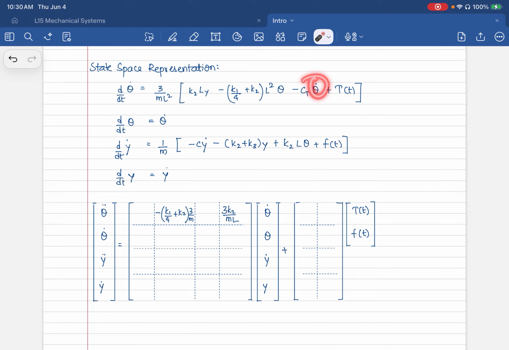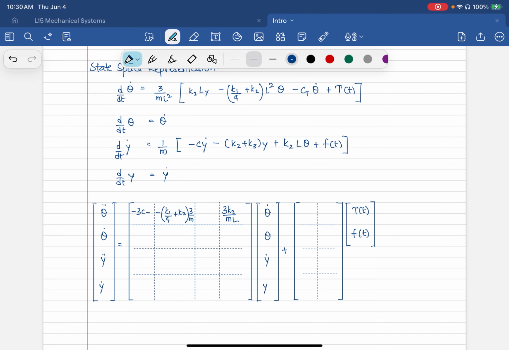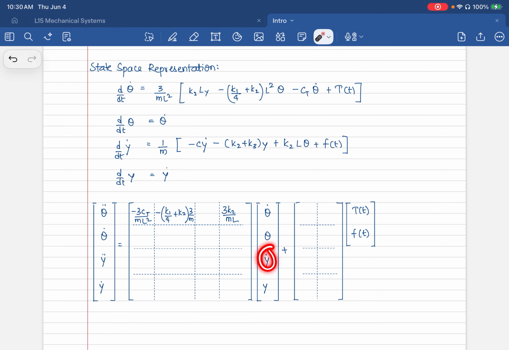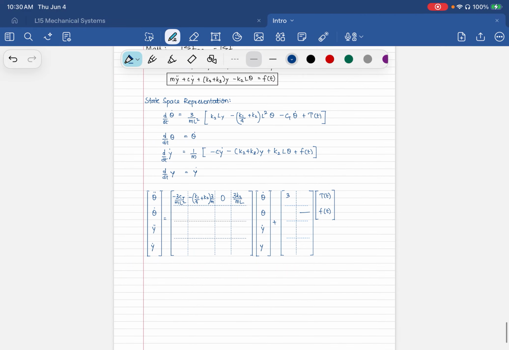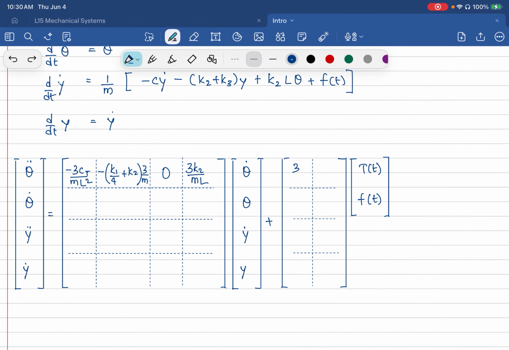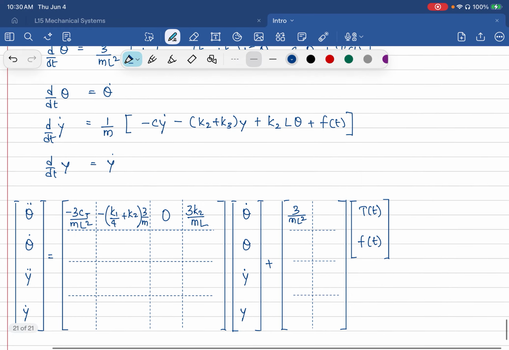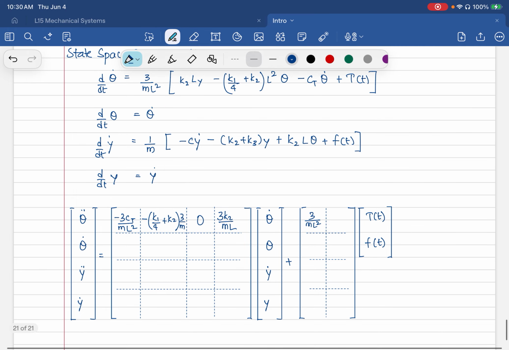Then you have for theta dot, you have minus 3 ct over ml squared. And you don't have anything with y dot, so it's a 0 there. You have, in terms of the input, you have 3 by ml squared times tau of t. You don't have anything to do with f of t, so it's a 0 there.